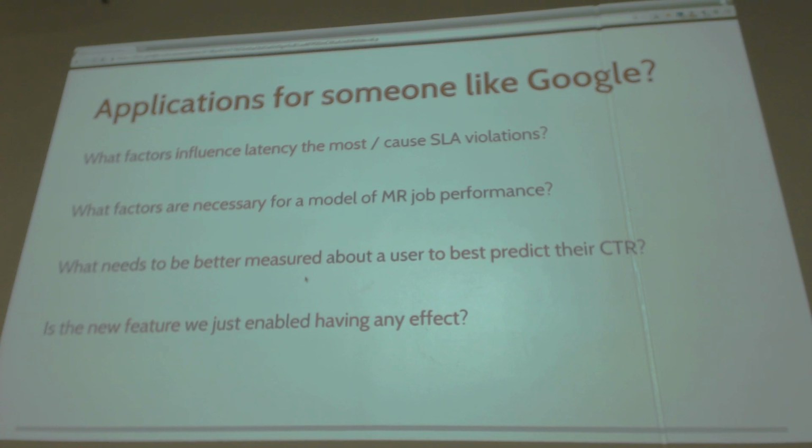And one final application I have in mind again relates to performance of data processing jobs. So for example, I developed some exciting new feature for MapReduce that's supposed to make some jobs go faster. And I'm enabling it, and I want to know if it actually changes anything.